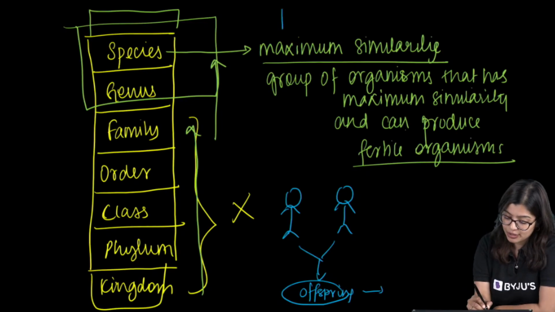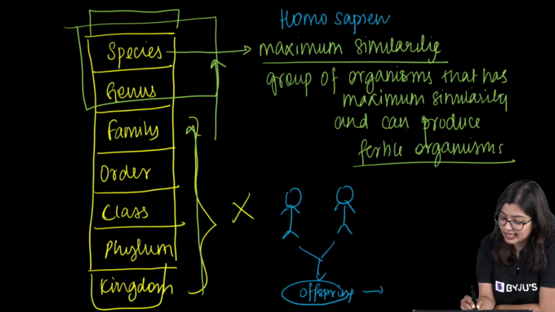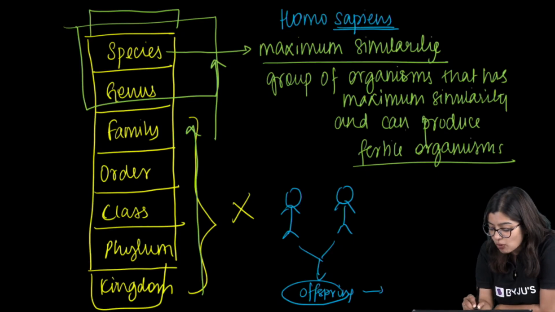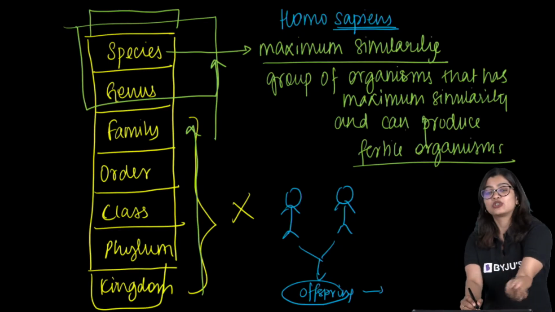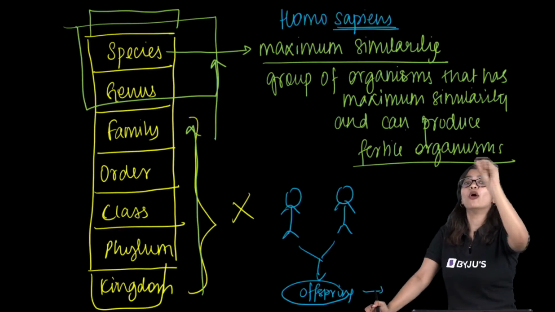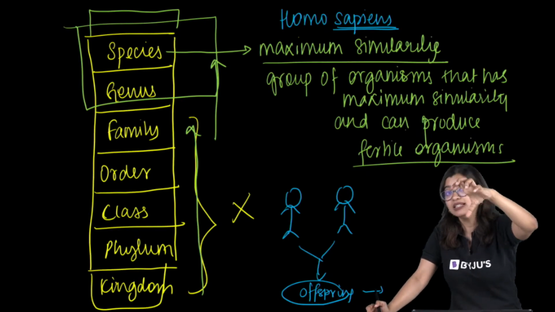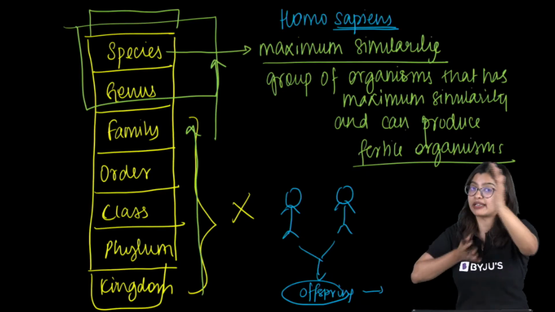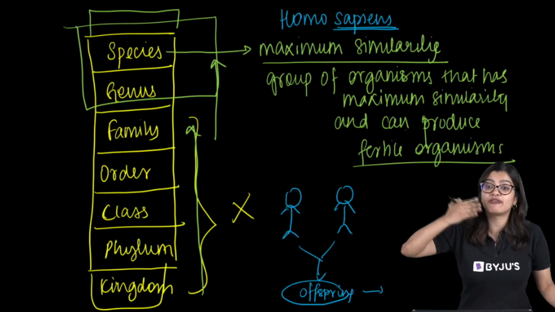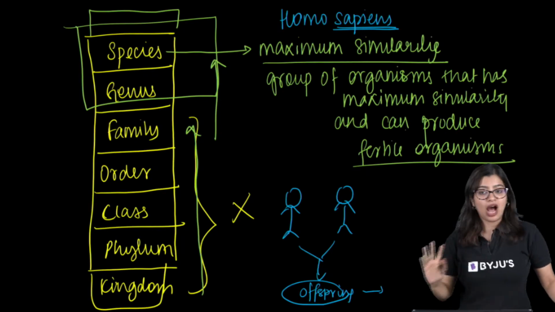For example, human beings come under the category of Homo sapiens. Sapiens is what is called the species. So every organism which is a Homo sapien can come together, reproduce and give a fertile offspring, right? Are we clear?